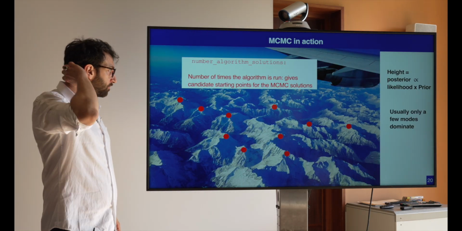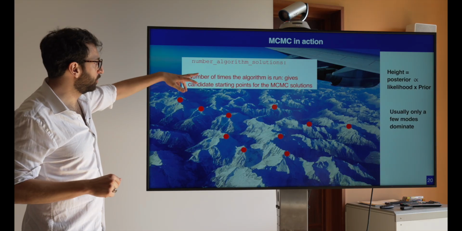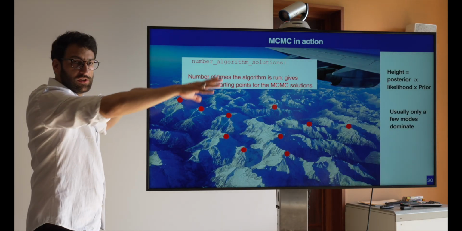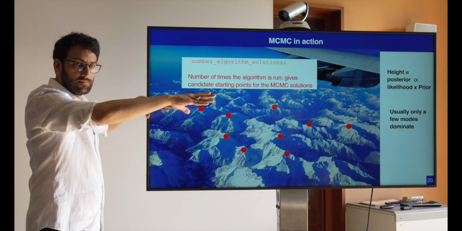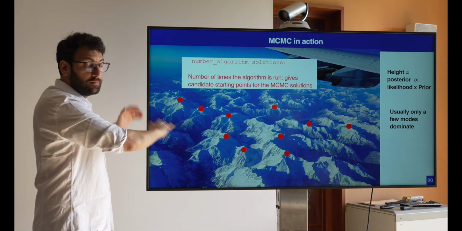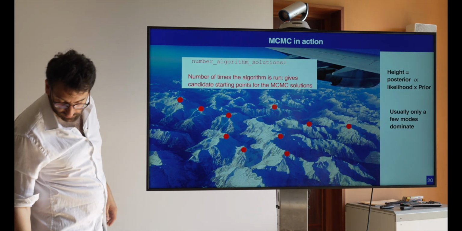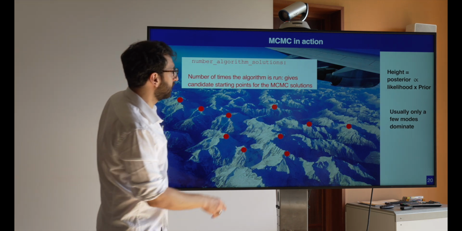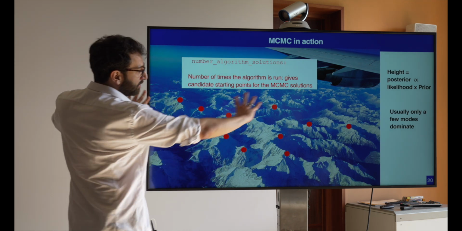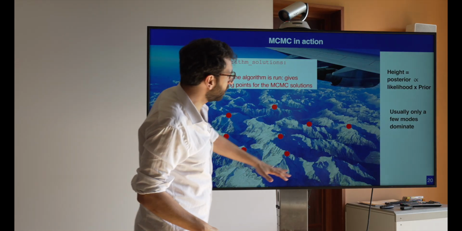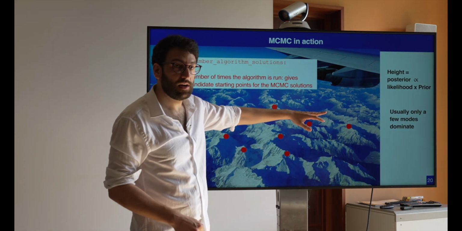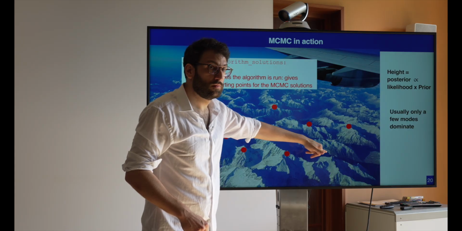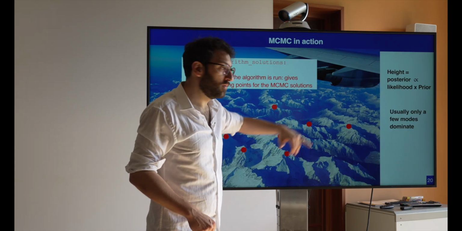So again, the number of algorithm solutions will define the number of potential starting points for your MCMC. You will not maybe select all of them to start your MCMCs, but you will select the best of them. You see that here in these likelihood landscapes, we have a lot of mountains, and they all have similar heights, so you do want to explore most of them.